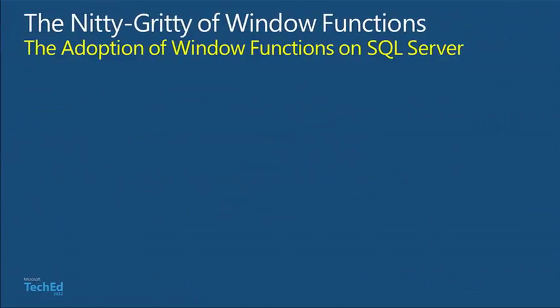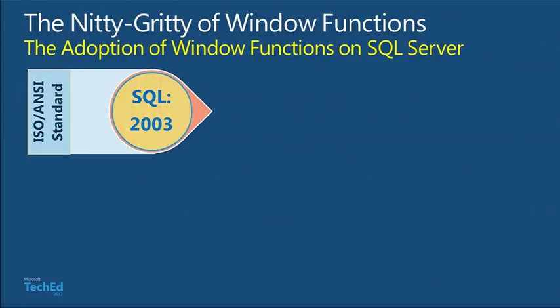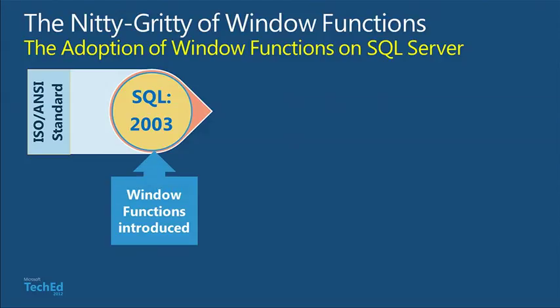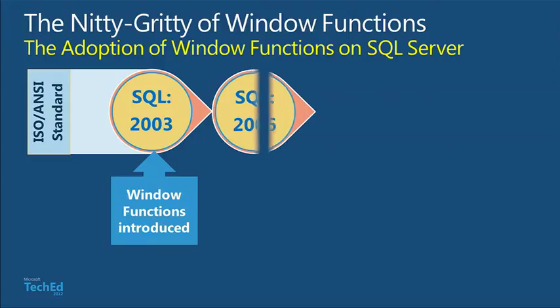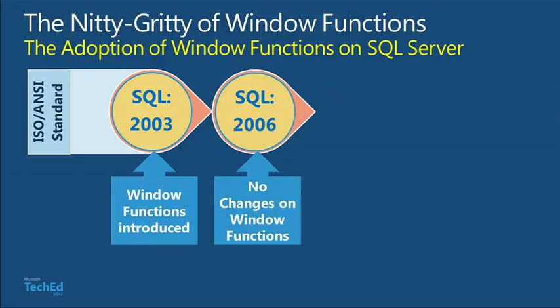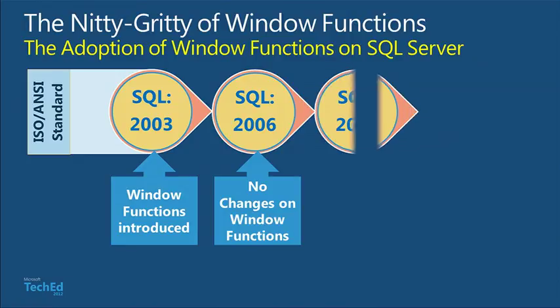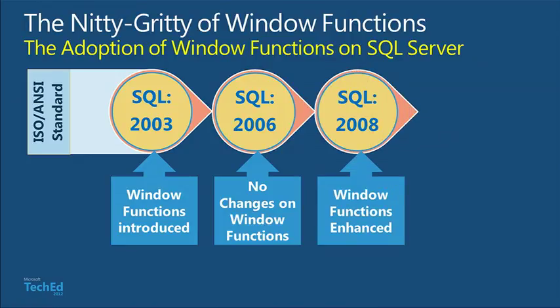Now I'll talk about the adoption of window functions in SQL Server. Window functions were introduced in the ISO SQL Standard 2003. In the ISO SQL Standard 2006, there were no changes for window functions. In the SQL Standard 2008, window functions were enhanced and some new functionality added.